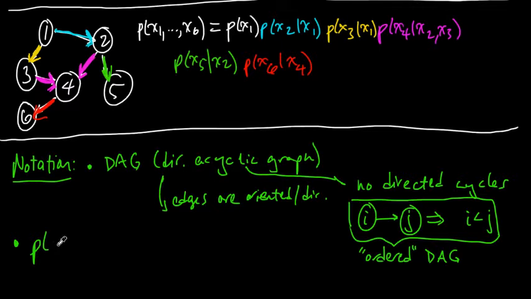Another standard notation that's going to be useful in this context is to use this to denote what's called the parents of vertex i. So let's look at a graph.